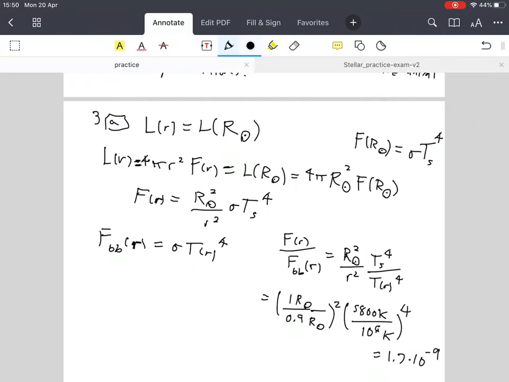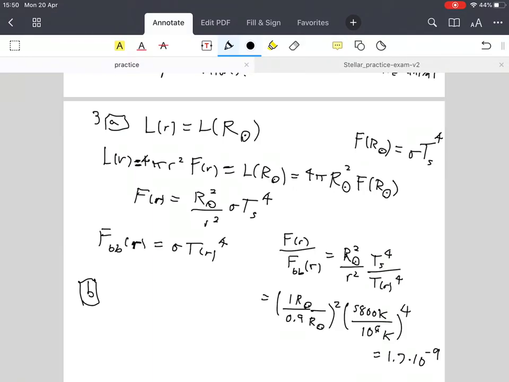And that should give you a small number, which is 1.7 times 10 to the minus 9. And that's unitless, right? We can see that because the solar radius canceled and Kelvins cancel. All right, so that's part A.